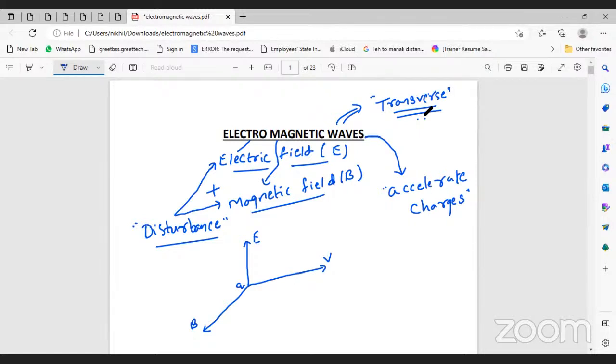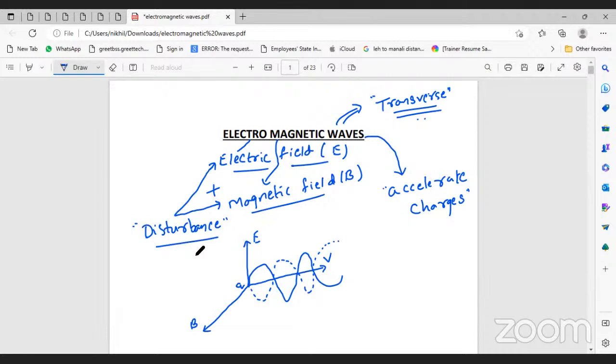Whenever you apply the electric and magnetic field, the charged particle is going to accelerate and it creates its own wave. This wave is what we call the electromagnetic wave. Clear?